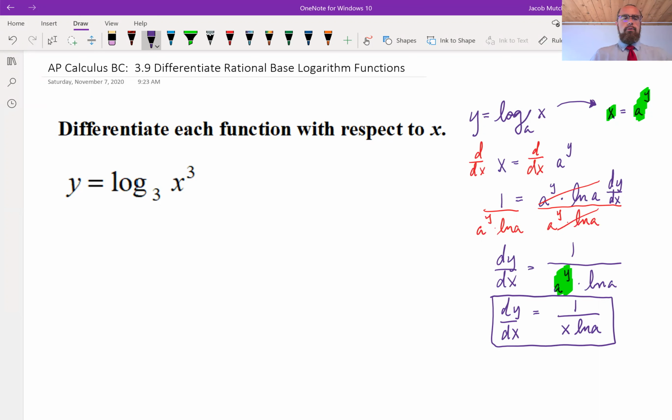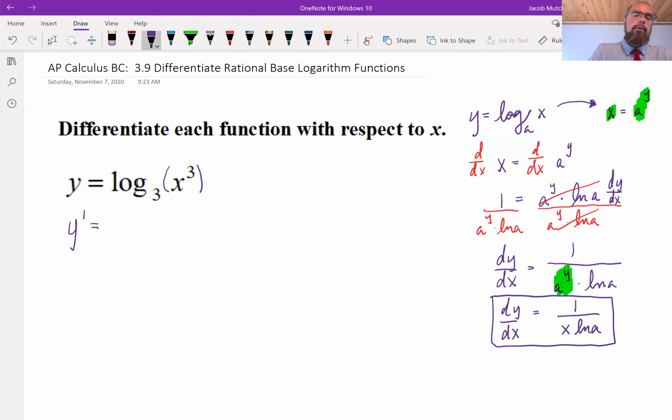So let's do so. We got our rule. So we're interested in the derivative of y. So we'll start off just by noting that this is a composed function within the logarithm function. So that means as we apply the logarithm base a rule, I also need to apply the chain rule.